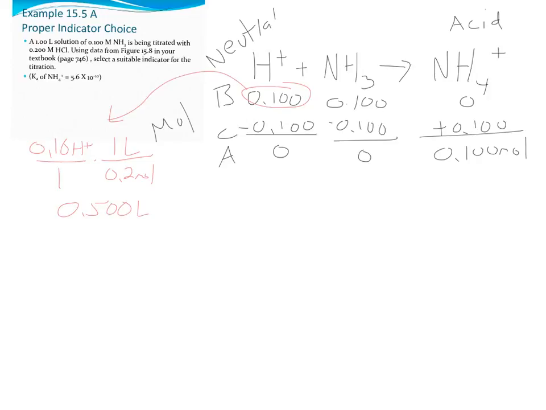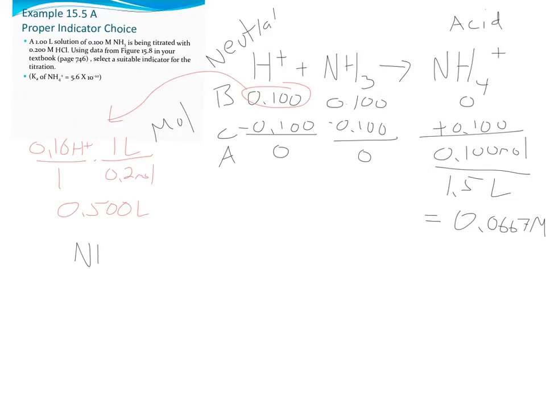We add that half a liter into the original 1 liter of the ammonia, and we get a 1.5 liter solution. So my NH4 plus is going to be 0.0667 molar.